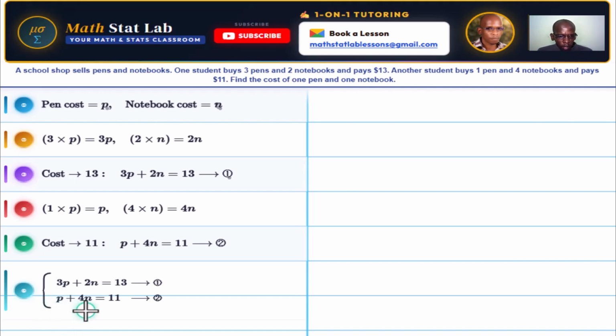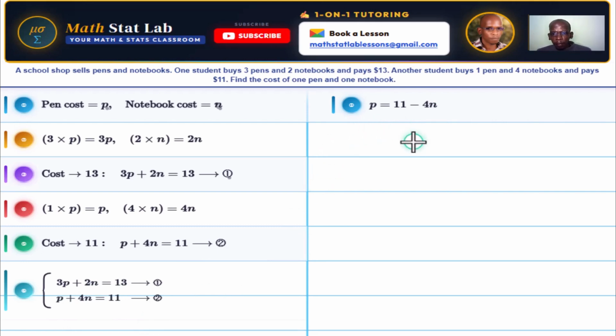I want to substitute P from the second equation. To do so, I just need to make P the subject of the formula in this equation. So I'm going to move this 4N to the other side of the equal sign, such that now it becomes P is equal to 11 minus 4N, because 4N here was positive. When I move it to the other side of the equal sign, it will be negative, of course.